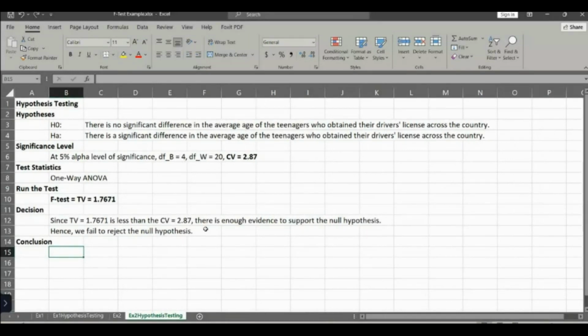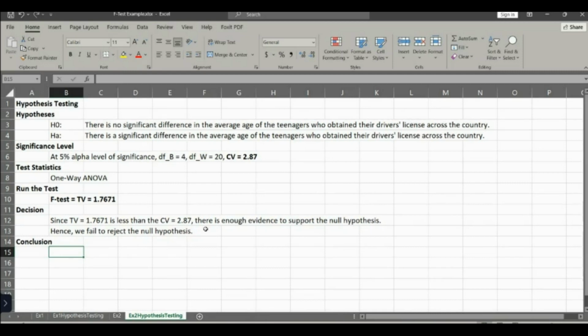So what would be our conclusion here? Since we fail to reject the null hypothesis, what do we put in the conclusion? There is no or there is a significant difference? There is. Why? Fail to reject, right?